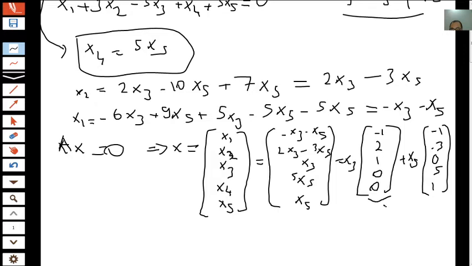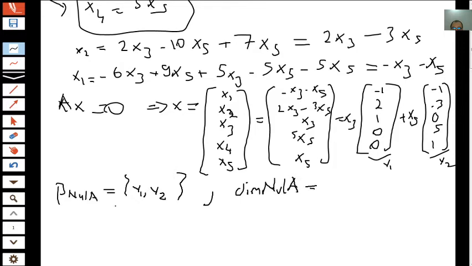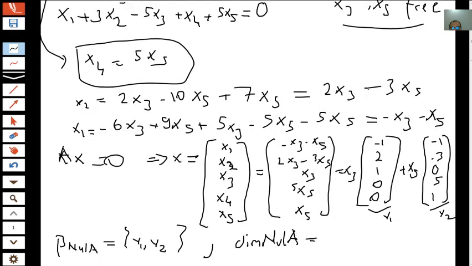If we say this is v1, this is v2, so a basis for the null space contains the vectors v1 and v2, and the dimension of the null space is the number of the free variables, and clearly you see we have two vectors in the basis, so we have two free variables.